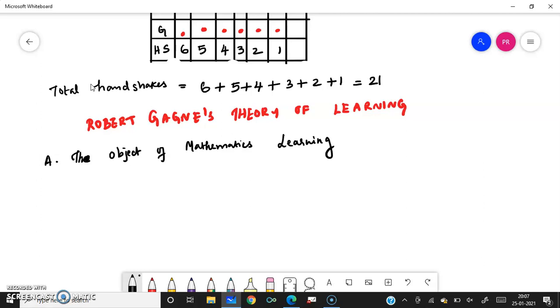The objects of mathematics learning. There are two objects of mathematics learning. What are they? They are direct and indirect things which we want students to learn in mathematics. And what are direct objects? That is facts, skills, concepts, and principles. We'll write it down.